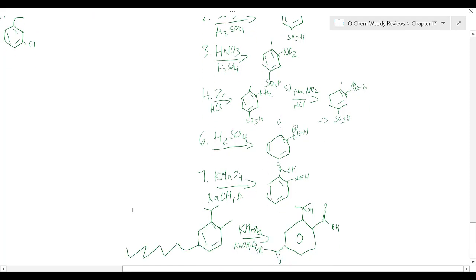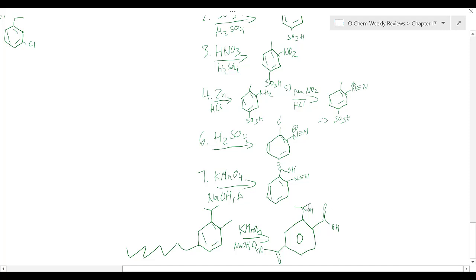Now HNO3, I actually realized this in the second part of chapter 17, but I'm gonna go ahead and introduce it now. HNO3 is a strong oxidizer. If you guys remember from last unit, it's gonna turn any methyl or ethyl or any long chain into carboxylic acid.